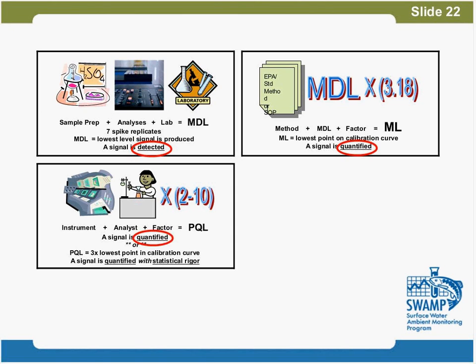We now have a signal that is quantified. With that second definition of the practical quantitation limit, we move to yet a different level of data usability in that our signal is quantified with statistical rigor.